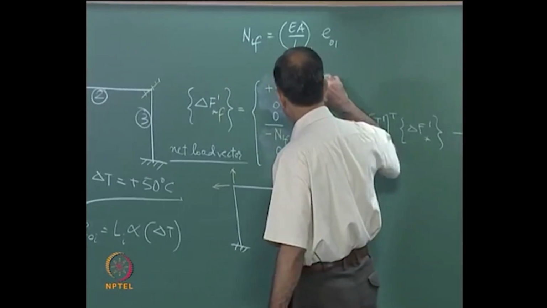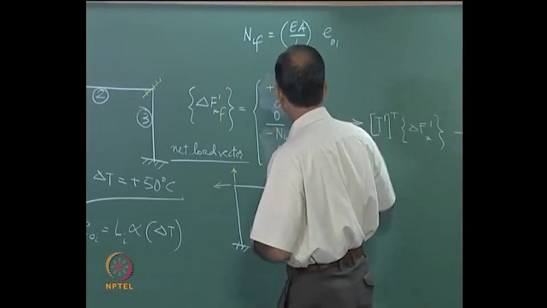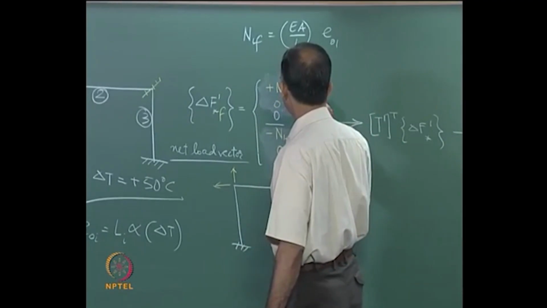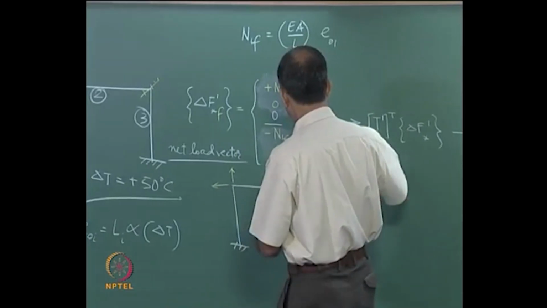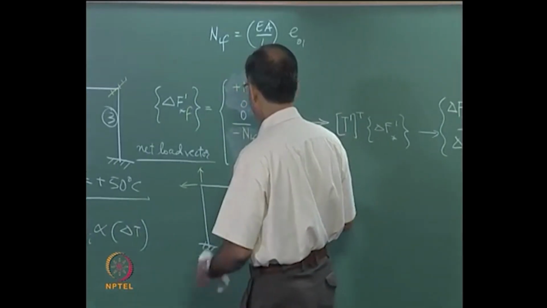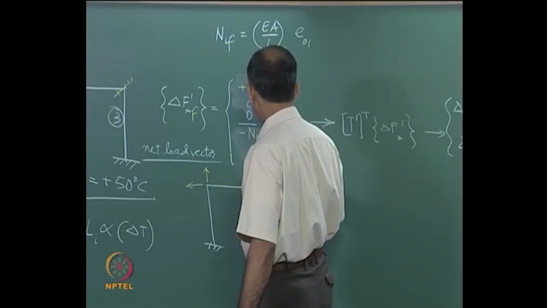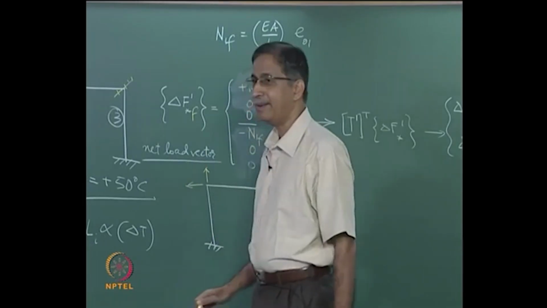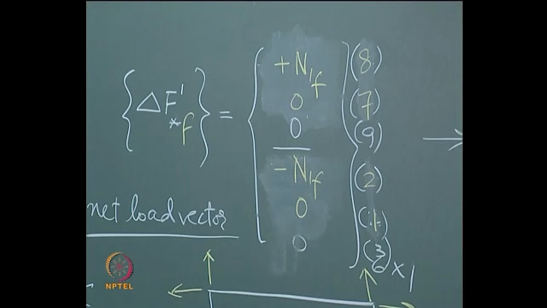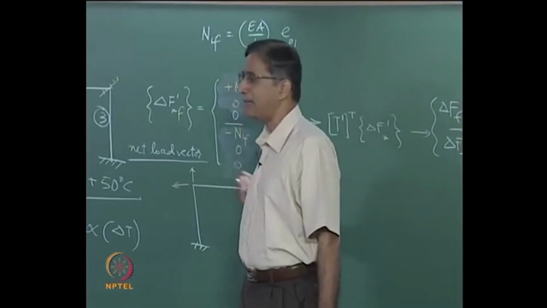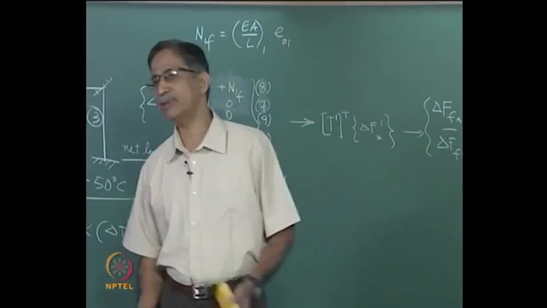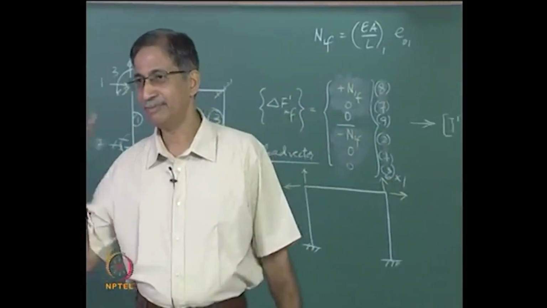So this will be 8, this will be 7, this will be 2, and this will be 1. So you strictly follow the fixed end forces at the element level and place the linking coordinates which come with your TI matrix. Be careful. Thank you.